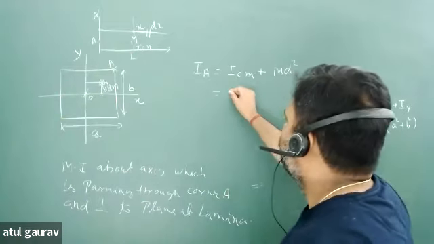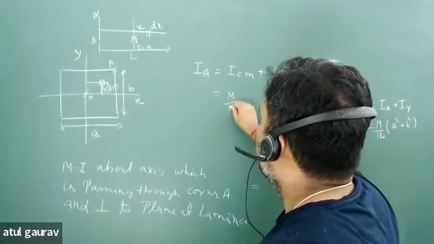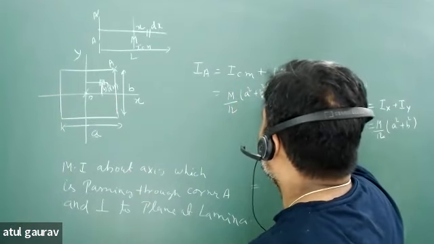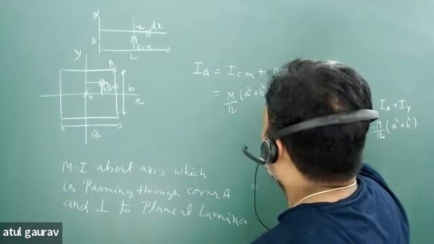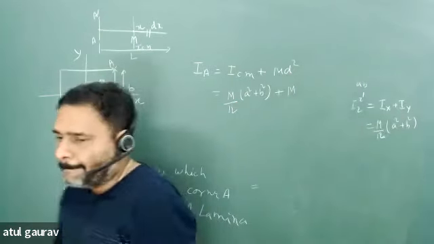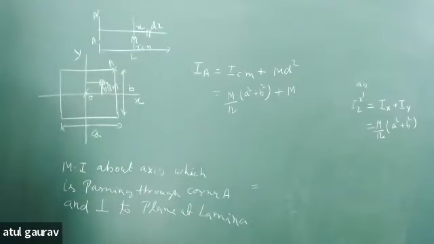So what will be ICM here? M by 12 times a square plus b square. Now what is your d? What is your d? Under root a square plus b square by 2.